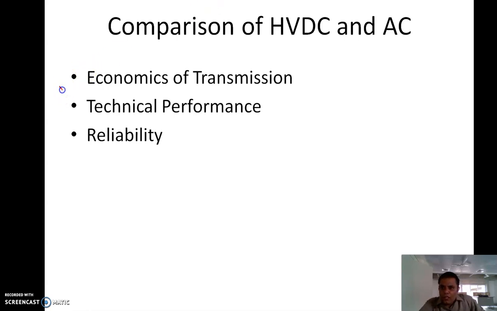These 3 points are the economics of transmission, technical performance, and reliability. How these two technologies fare on these 3 aspects is what we are going to discuss. And then we can decide which particular transmission system should be used for a particular set of application.